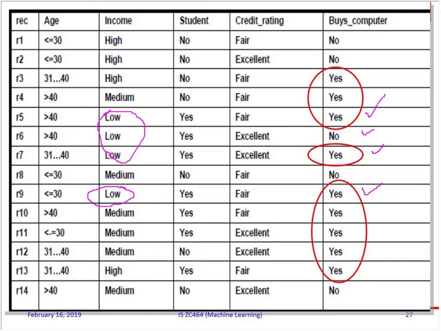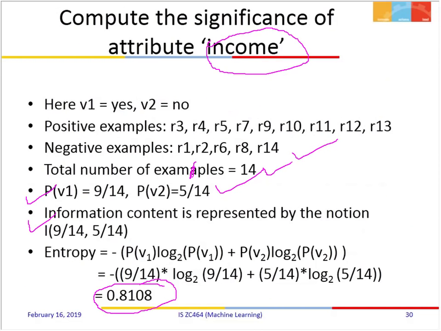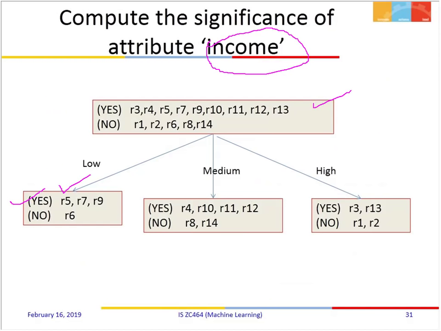There are 3 positive classes and 1 negative class. Okay, so which one is negative? R6 is negative, and R5, R7, and R9 are positive in this slide 31. Is this splitting clear?